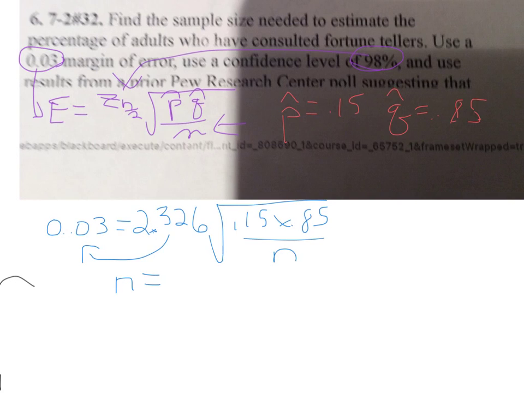And so 0.03 divided by 2.326, square both sides, and then you're going to have the 0.15 times 0.85, and you're going to have that divided by whatever this times this is. Okay, and that'll give you n, which is your sample size. I think you're going to get in around the 700, 800 range, so somewhere in there if you get the answer, and you'll know it's right.